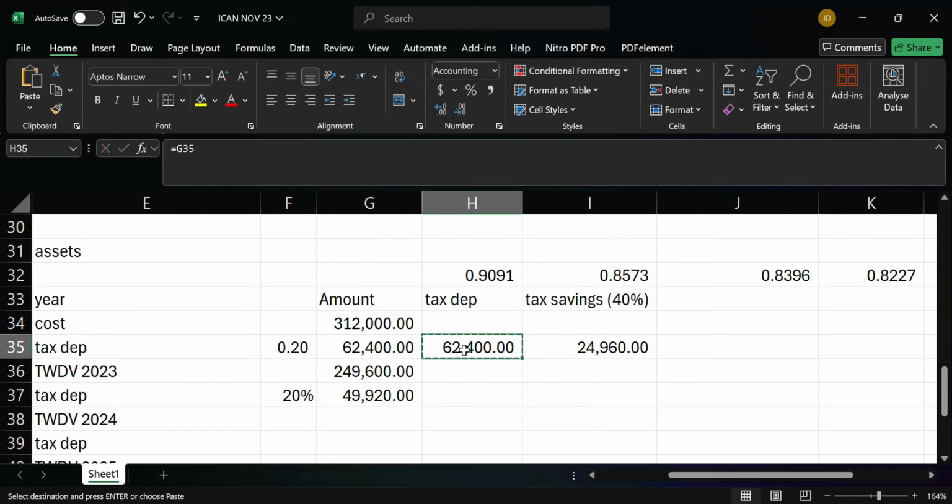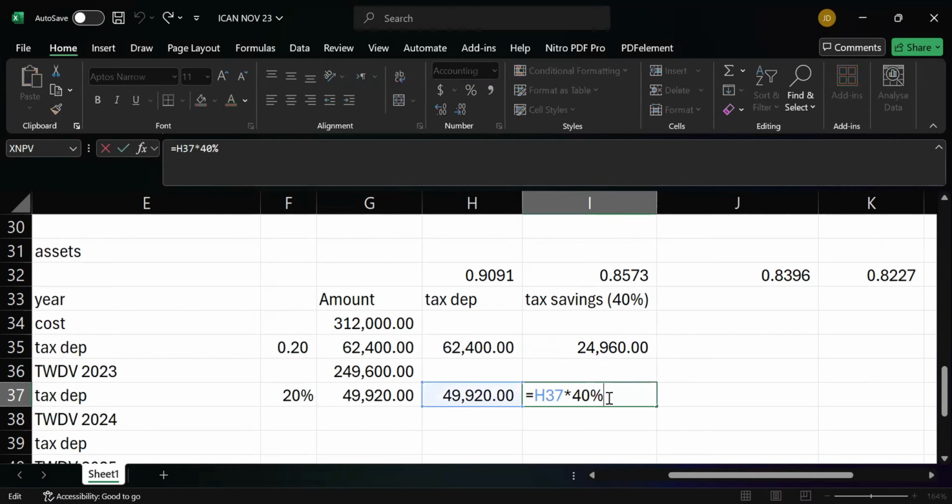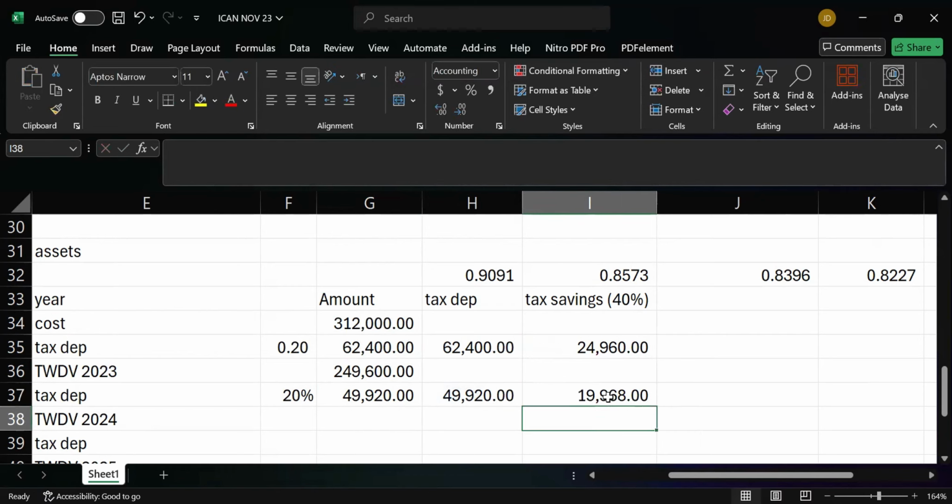Just copy this formula down, bring it here. Copy the same formula down, bring it here. So what I've done is to say 249 times 20% gives me the tax depreciation, which is 49,920. Then the tax rate, 49,920 times 40% will give me the tax savings for the year.